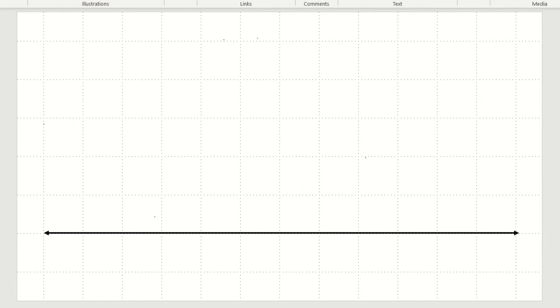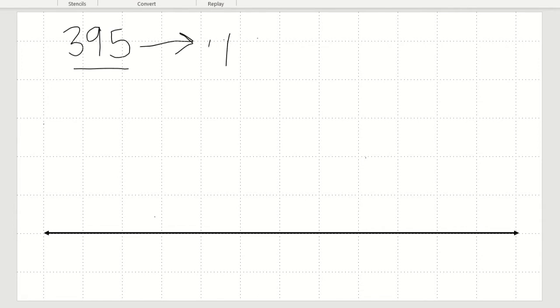So let's do a couple examples of a compatible number to begin with. So if I was thinking about the number 395, and I wanted to come up with a compatible number that's easy to work with, well, 395 is really close to being 400.